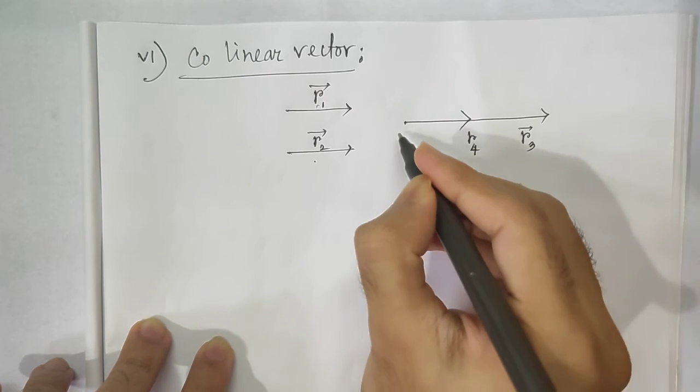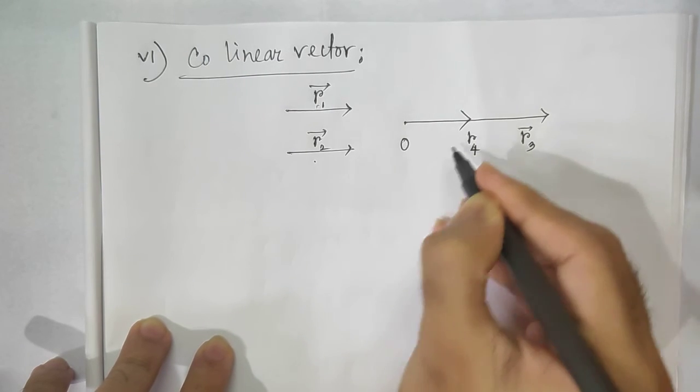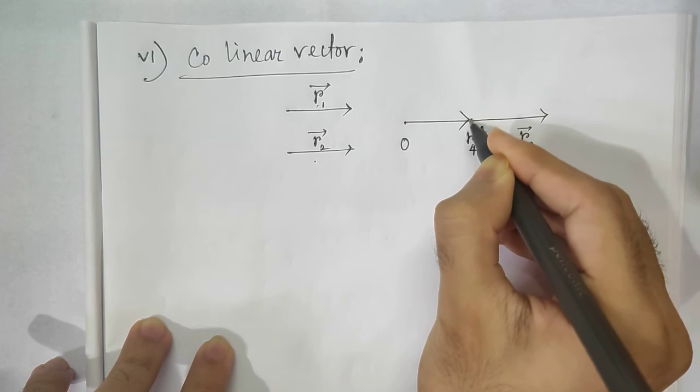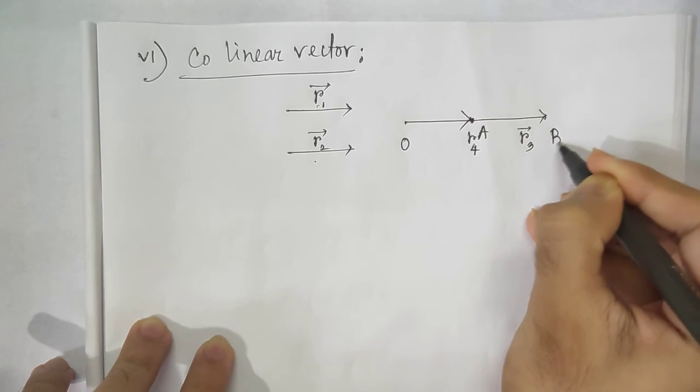So let's name this point O, this point is A and this point is B.